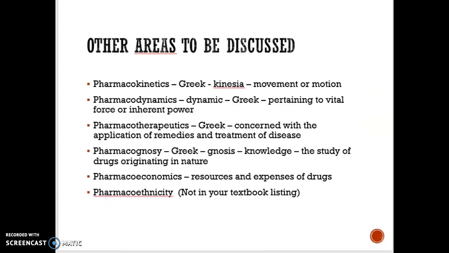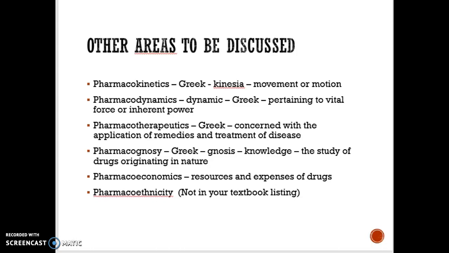When we look at the other areas to be discussed in pharmacology, we'll talk about pharmacokinetics, with kinesia from the Greek, meaning movement or motion. Pharmacodynamics, the dynamic is Greek, pertaining to vital force or the inherent power. Pharmacotherapeutics, from the Greek therapy or therapeutic, is concerned with the application of remedies and treatment of disease.